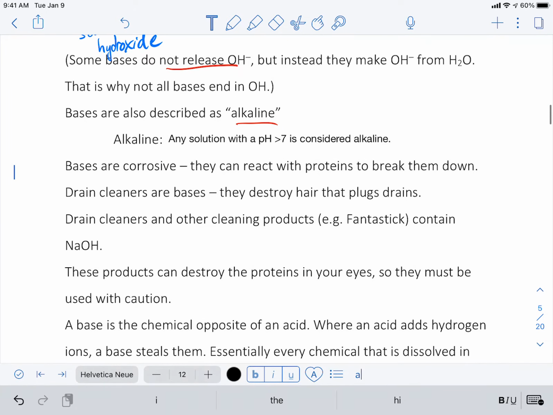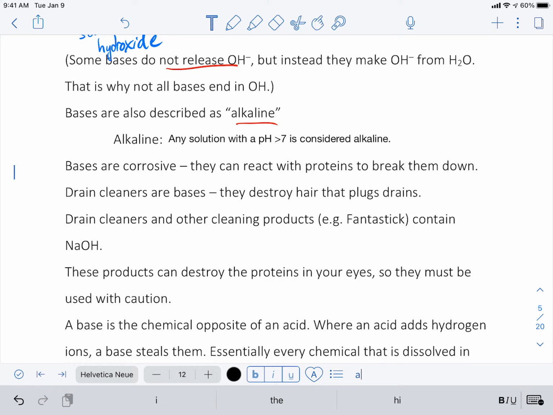Bases are corrosive. They can react with proteins to break them down. There are drain cleaners that are considered basic. They destroy hair that plugs your drain. So that's why you're buying that Drano stuff or any of those drain cleaners. They're really strong bases, and they will attack the proteins in those hairs, breaking them down.